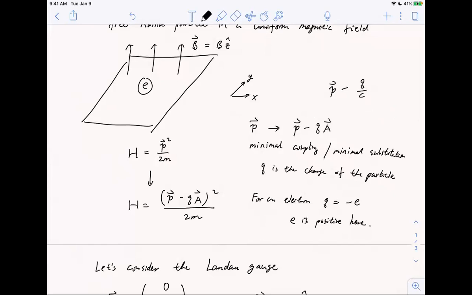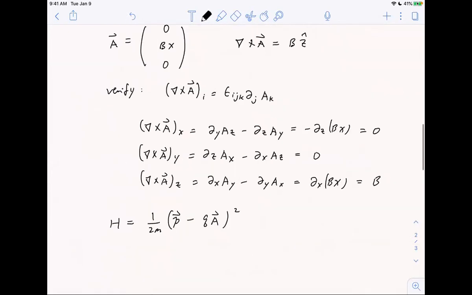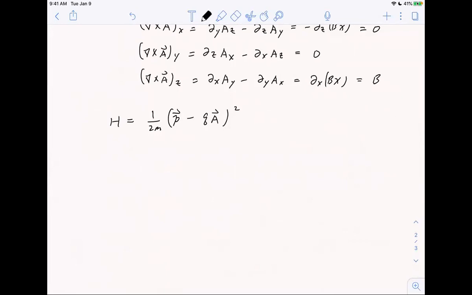So I take this. Then we change it to the electron because the charge is negative e.